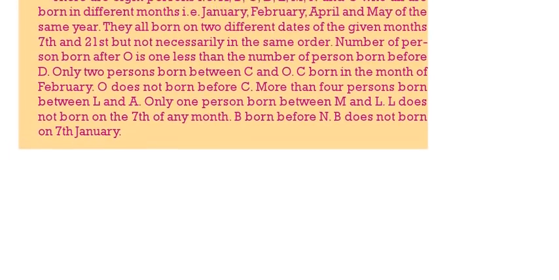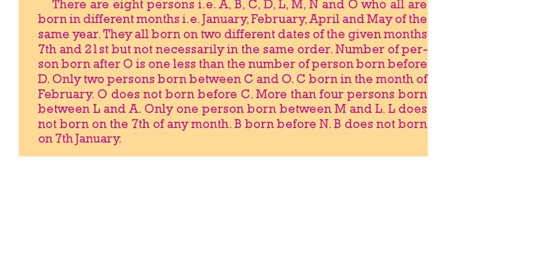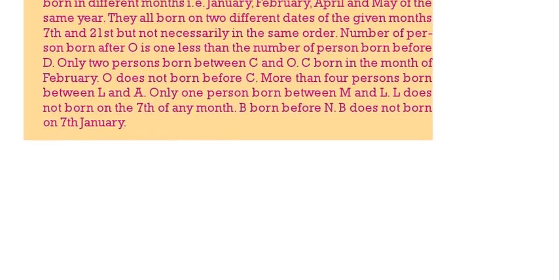Now what we have to do: there are totally 4 months, and 7th and 21st are the dates. So we will do this in 2 possibilities. The months are January, February, April, May, and under each month we write 7th and 21st.